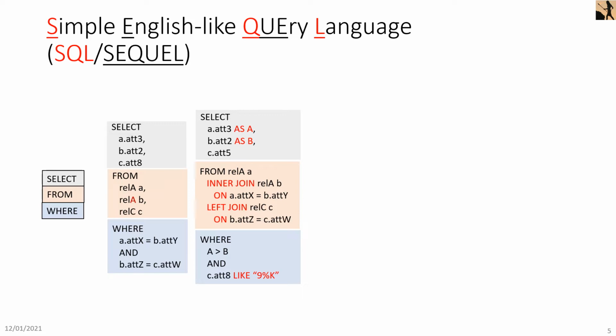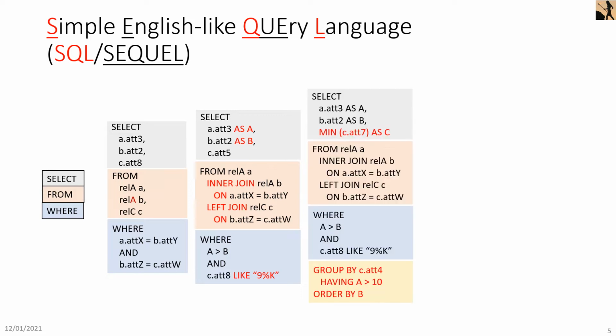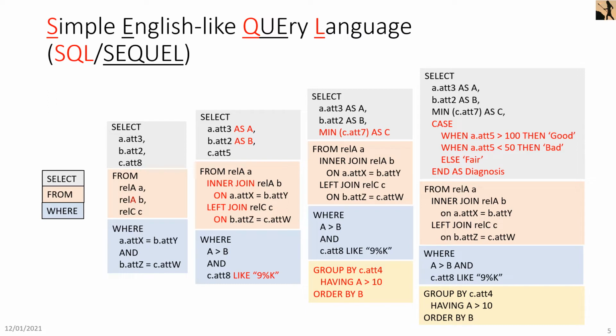That also involves various kinds of joins and some partial matches of the attribute values. Then we can group records into subsets, qualify the subgroups with some criteria and order them, and then generate some aggregations for each subgroup. Finally, it might derive additional attributes.